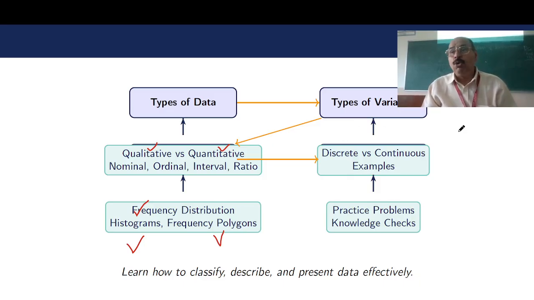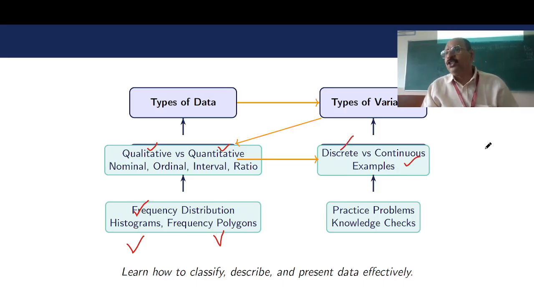And variables, I told you, all of you know what a variable is, but this is one way of classifying variables. We have multiple ways of classifying variables. One way, and the most common and most precisely used one, is classifying variables into discrete variables and continuous variables.